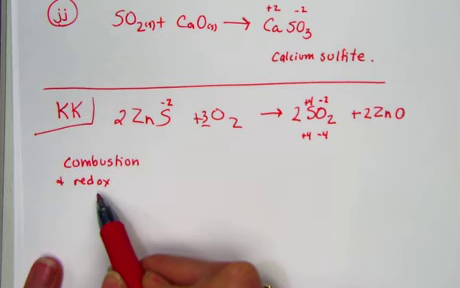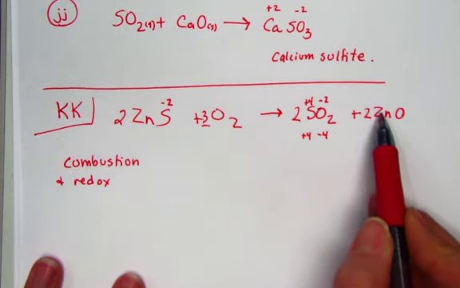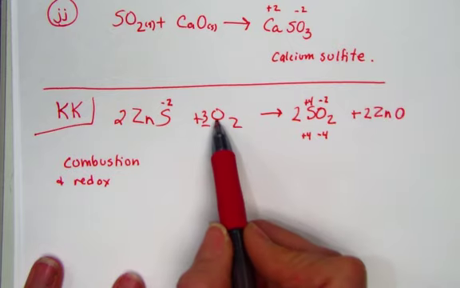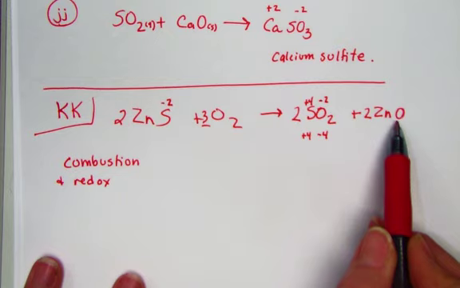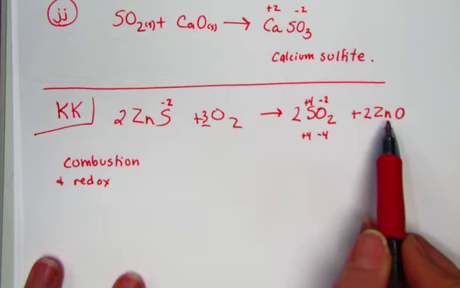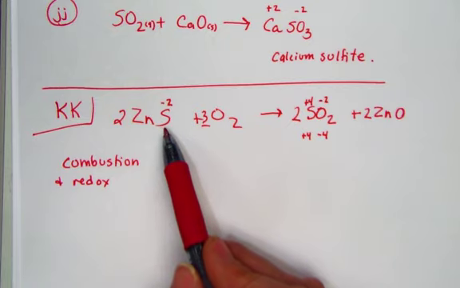Think combustion or redox. Zinc started as a +2, ended at a +2, so it did not change oxidation state. Oxygen started at a 0 and went to a -2 in either location here, so that did change oxidation state, as well as the sulfur.